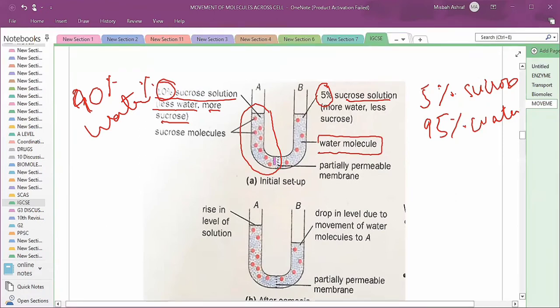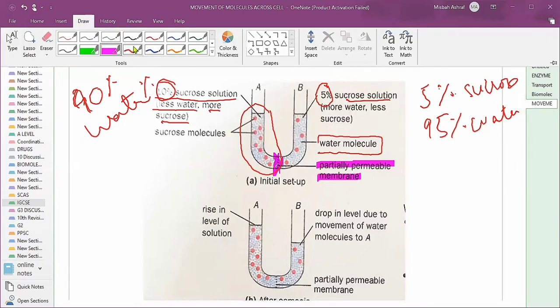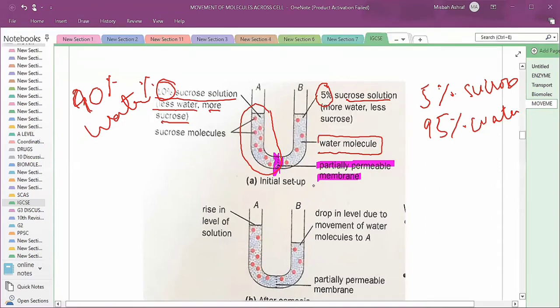This is the partially permeable membrane, which is labeled here, and this will allow some molecules to pass through it.